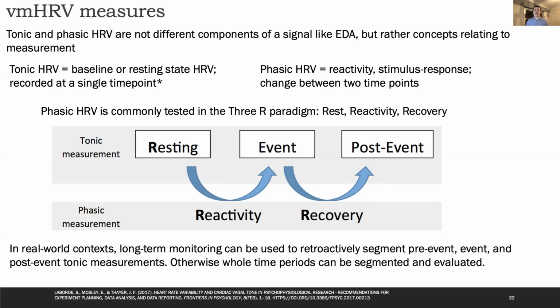In real world contexts, though, you can do the exact same thing by just looking at heart rate variability before a critical event, during a critical event, and after. Currently I have a PhD student who is doing this exact thing in classrooms, recording particularly student and teacher interactions that naturally occur where there is emotion regulation involved.